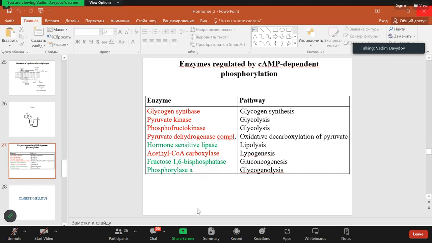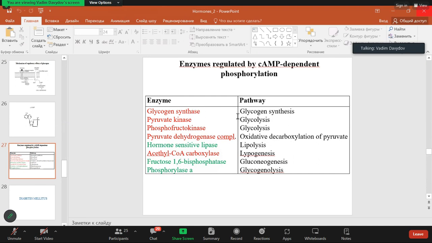Different kinds of enzymes use phosphorylation and dephosphorylation to control their catalytic properties. For example, phosphorylation of glycogen synthase, pyruvate kinase, phosphofructokinase, pyruvate dehydrogenase, and acetyl coenzyme A carboxylase brings about inhibition of those enzymes.